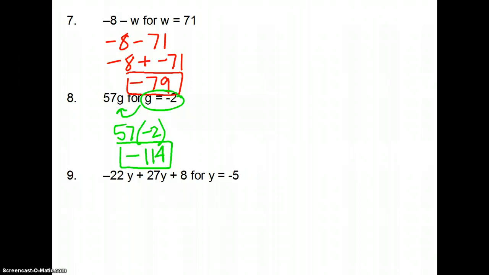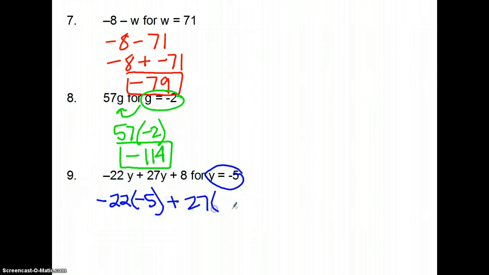Next one, negative 22y plus 27y plus 8 for y is equal to negative 5. Every time I see y, I need to plug in negative 5. Negative 22 times negative 5 is positive 110. 27 times negative 5 is negative 135.